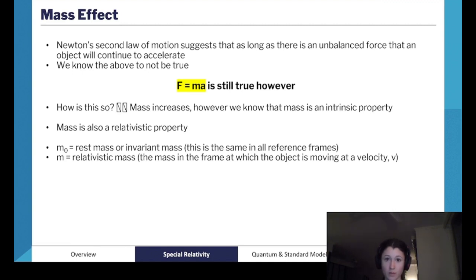The relativistic mass is going to be measured by a scientist standing in the room watching the muon whizzing about, because that is the frame in which the object is moving. To the tiny person standing on top of the muon, the muon is not moving. The muon is staying still, and the world around them is moving.